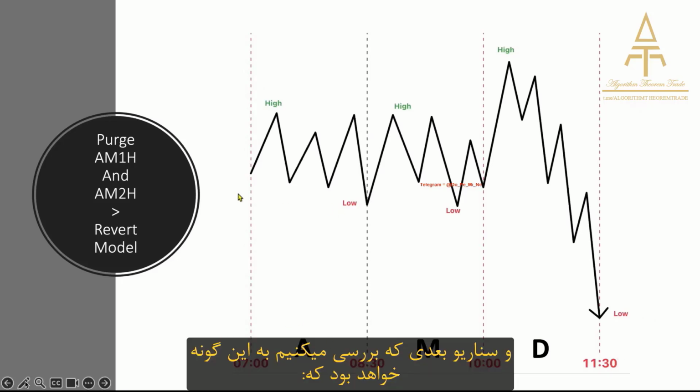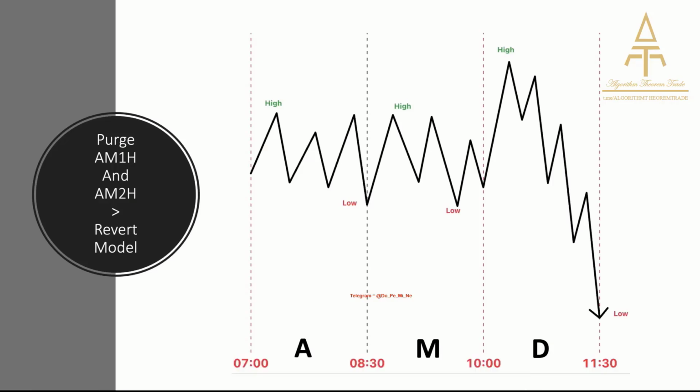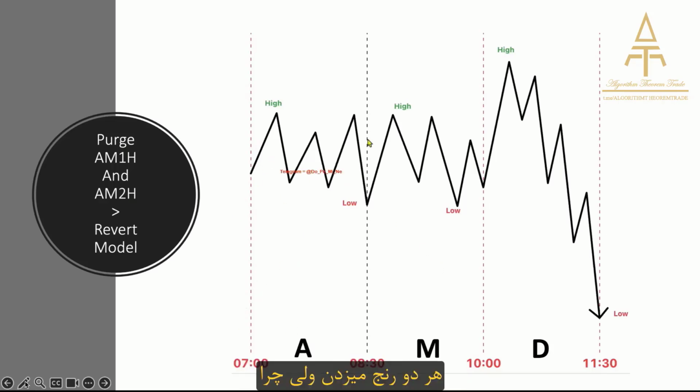And then finally, the third scenario that we will be looking at is a purge of both the AM1 high and the AM2 high and a reversal model. So what we are seeing is the following. Both the accumulation cycle and the manipulation cycle were going sideways. Why does this occur?